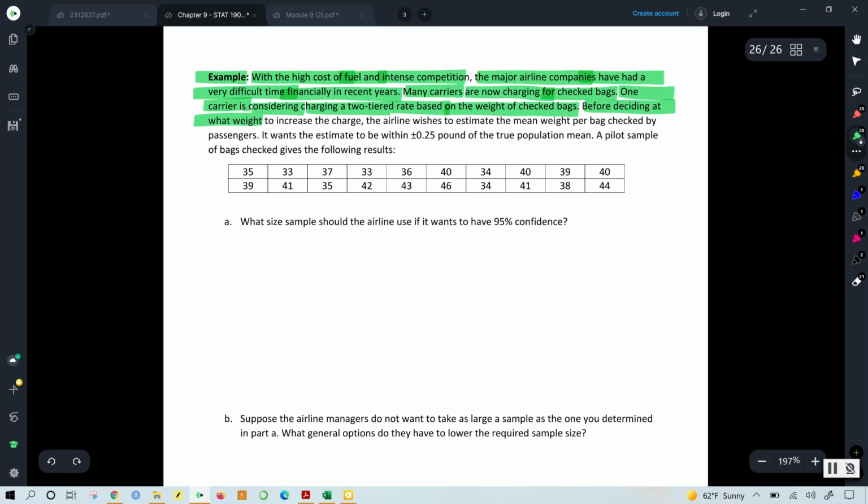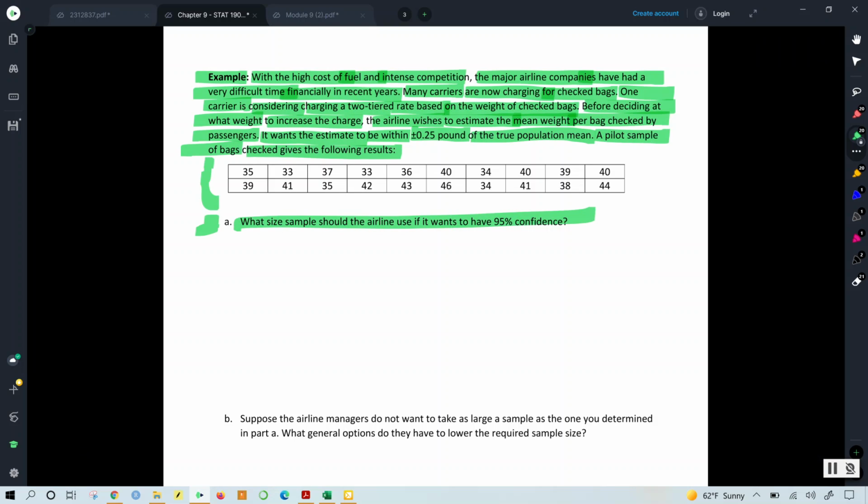Before deciding at what rate to increase the charge, the airline wants to estimate the mean weight per bag checked by passengers. It wants the estimate to be within plus or minus 0.25 pounds of the true population mean. A pilot sample of bags checked gives the following sample data. Question A, what size sample should the airline use if it wants to have a 95% confidence?